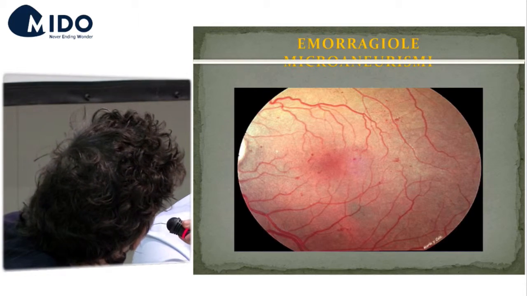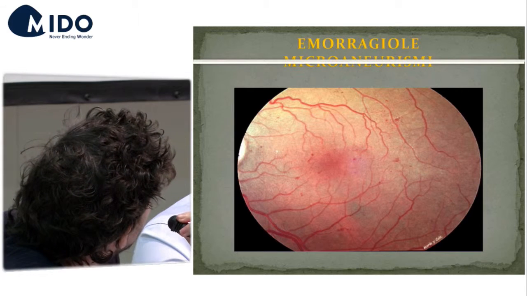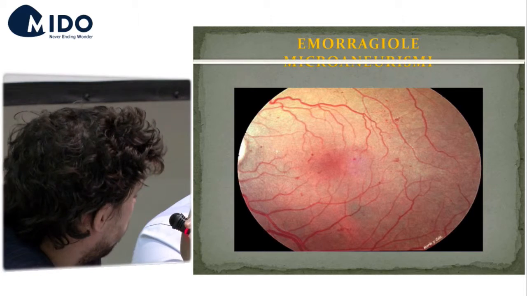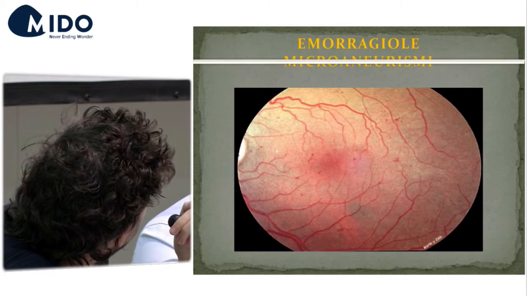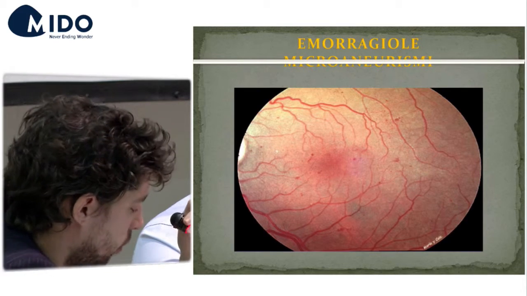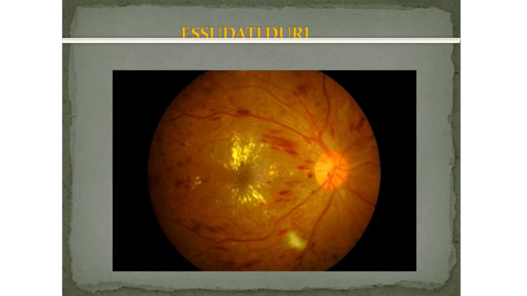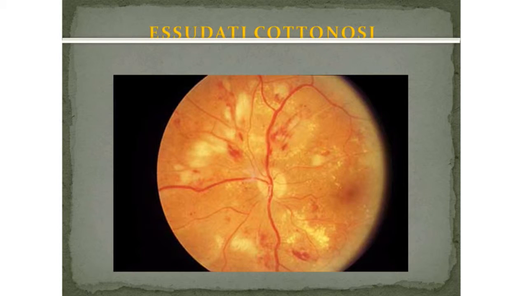Here, I'm sorry, you can see well the first sign: spots that can be hemorrhages or microaneurysms. Another sign of an evolved disease, hard exudates, accumulations of cholesterol.